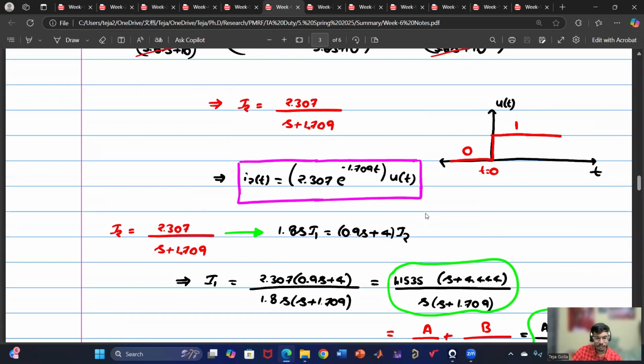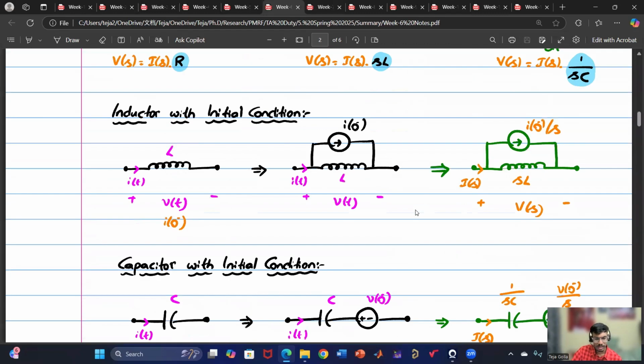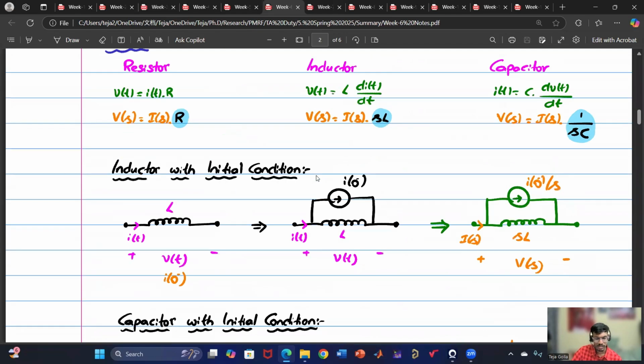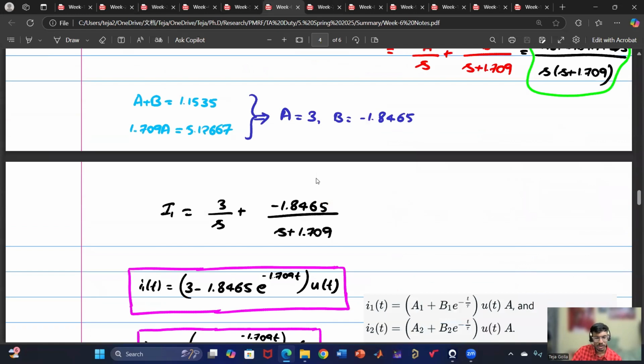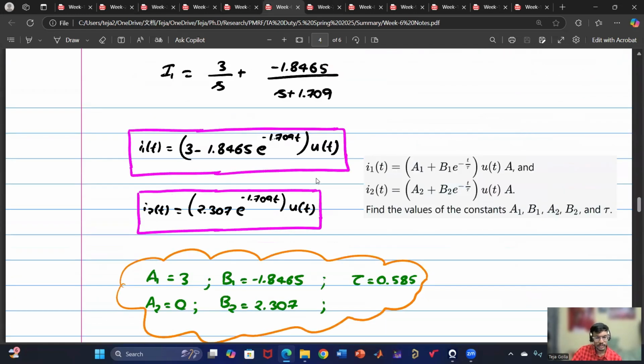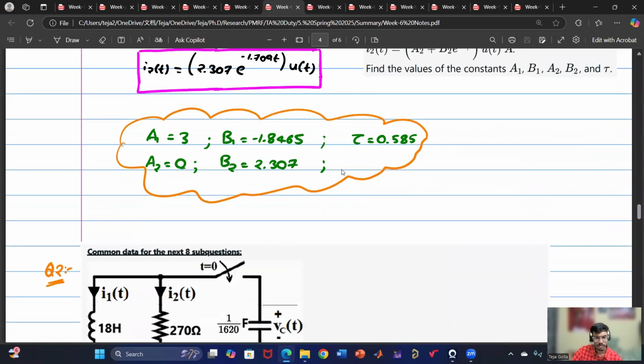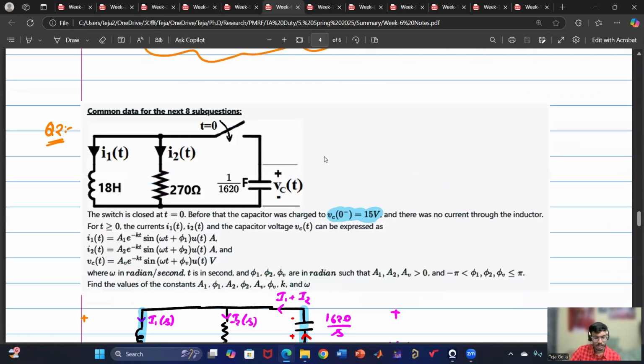So you have to be careful with the partial fractions as well as these results that we have discussed. You have to be thorough with the partial fractions, and not make any mistakes. Also, you should be thorough with the results that I have shown in this document.